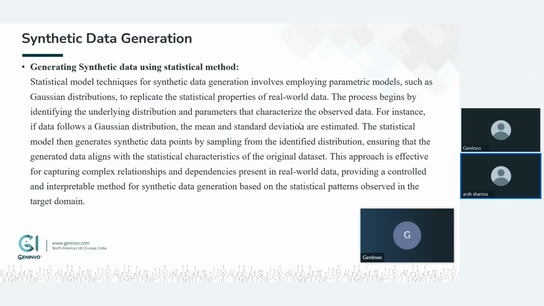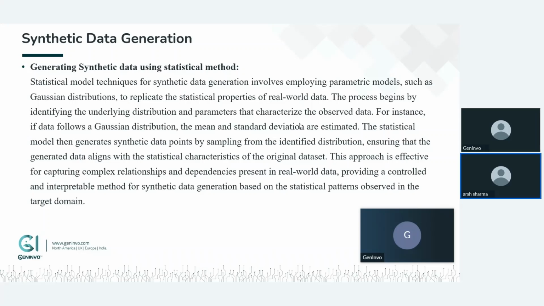Sometimes the data can have ranges, like 0 to 20 and then 21 to 40. In this case we need to pick the mid value, and accordingly we calculate the mean and the standard deviation. So the statistical model generates synthetic data points by sampling from the identified distribution, ensuring that the generated data aligns with the statistical characteristics of the original dataset.